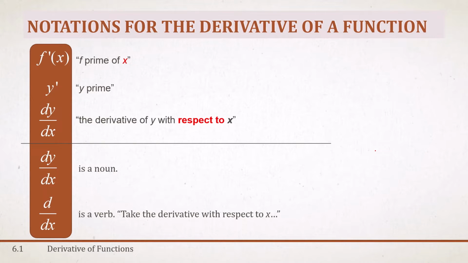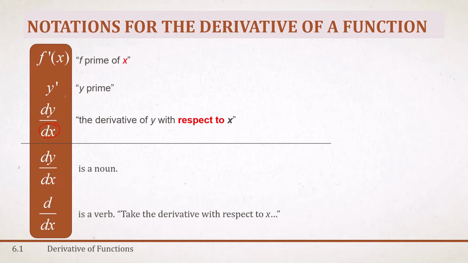For the notations of the derivative of a function, one is called the derivative of y with respect to x, so we have dy/dx. The dx at the bottom is very important because it tells people which variable you are differentiating with respect to.